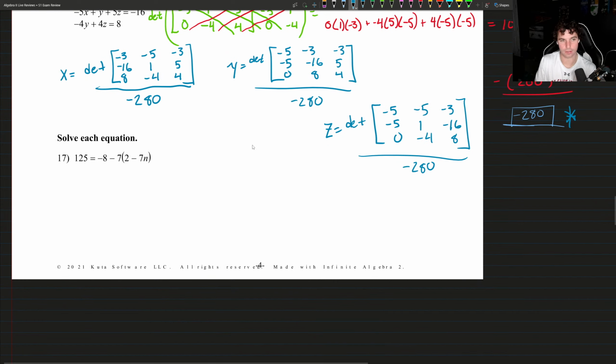Number 17 is literally just there as a freebie. Okay, you add 8 to both sides, you divide by -7, and so on. Okay, so if we just do this, we get 133 is equal to -7 times 2 minus 7n. Right, 125 plus 8.